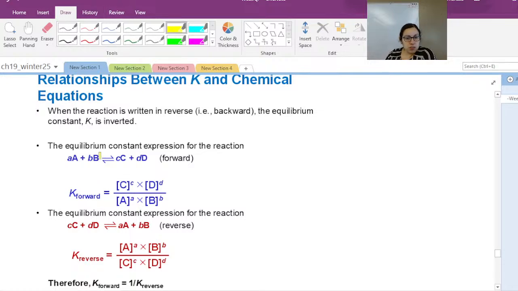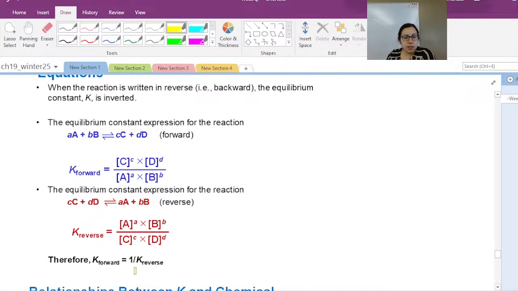This is just proving this statement down here, which we kind of already saw from our rate, but now we're re-emphasizing it for equilibrium, which is going to be the same. If we have this in the forward direction, again, products over reactants, so C to the c times D to the d over A to the a times B to the b.